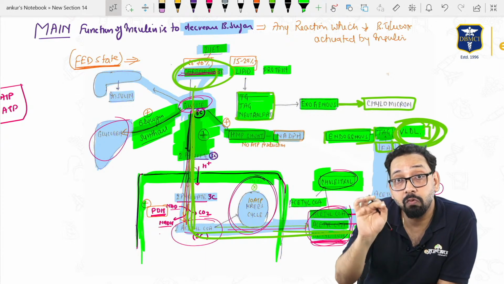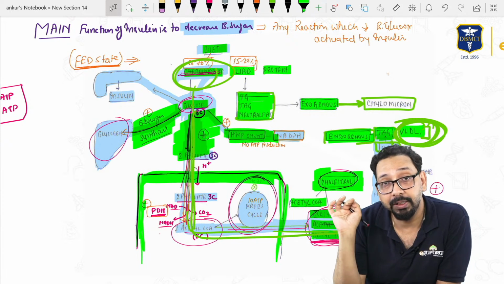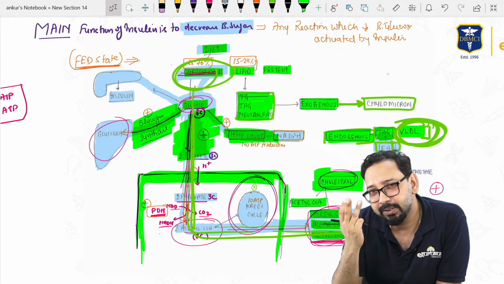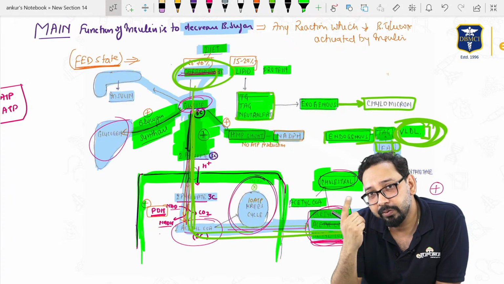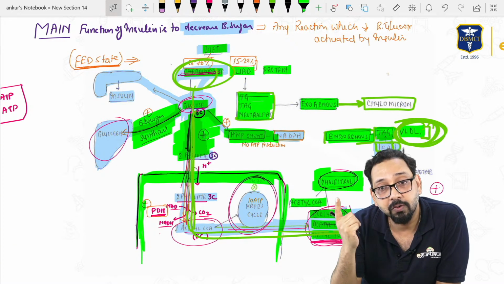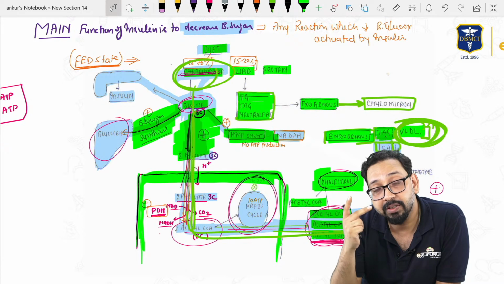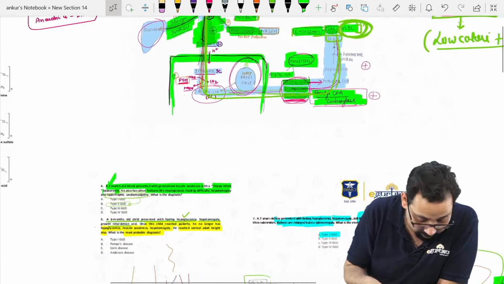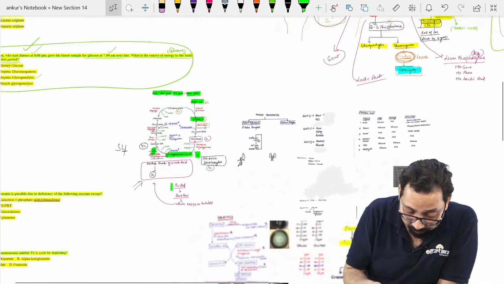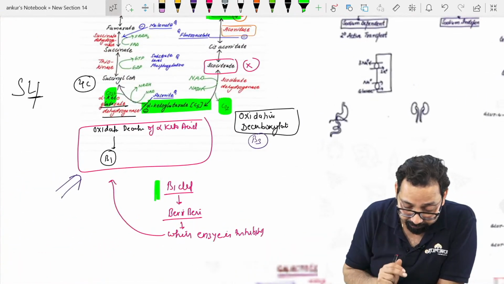Branch chain alpha keto acid dehydrogenase. What I said? Three enzymes. Pyruvate dehydrogenase, pyruvate is an alpha keto acid. Branch chain alpha keto acid dehydrogenase, the name itself includes alpha keto acid. Pyruvate dehydrogenase, and, sorry, alpha ketoglutarate dehydrogenase.